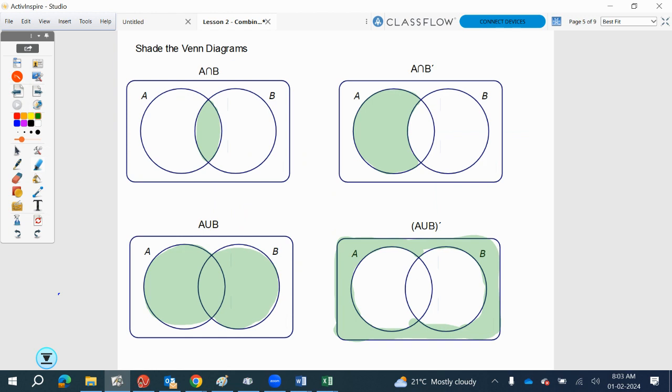For the one in the top right, if it's the intersection sign, how come the intersection is wrong? Because you can have an intersection of many different sets. This is the intersection of A and B. But we want the intersection of A and not B. Different sets.